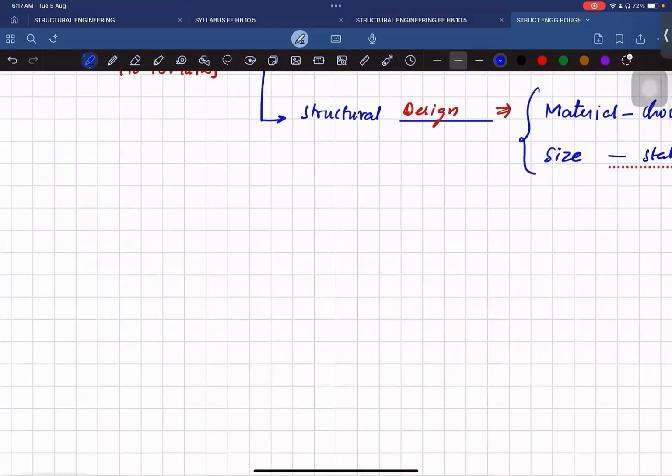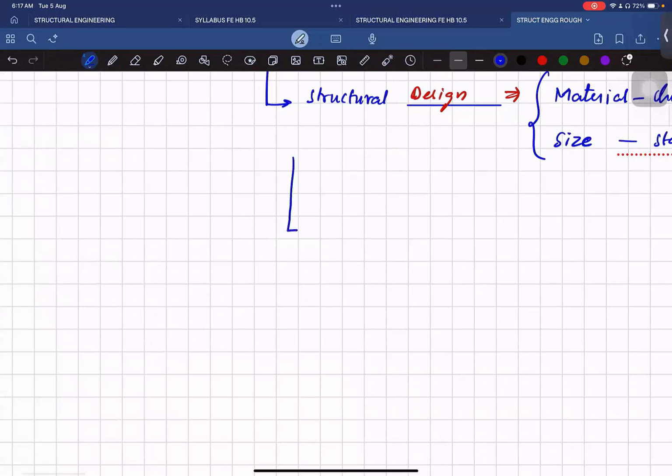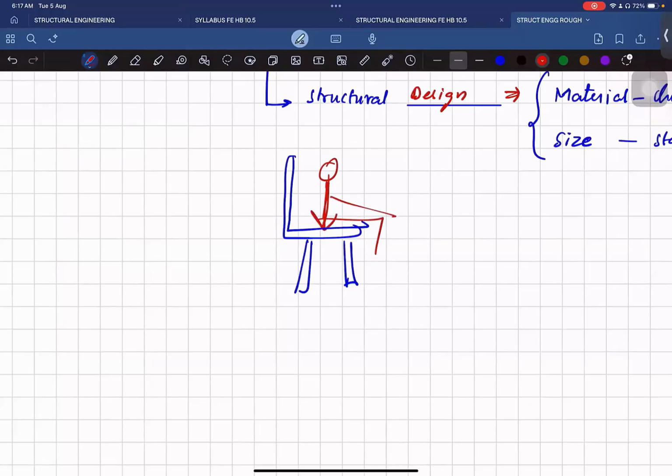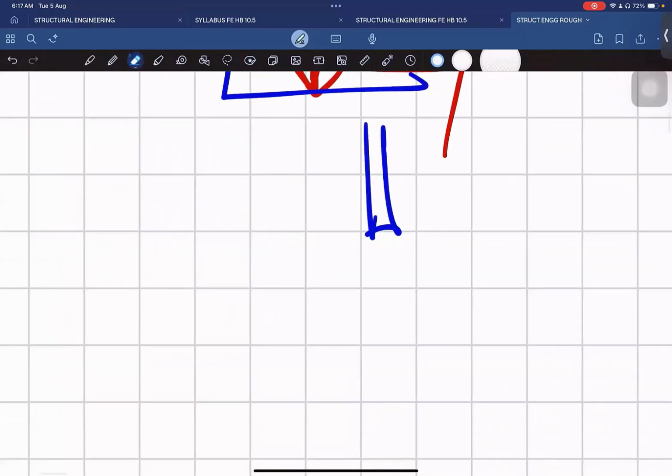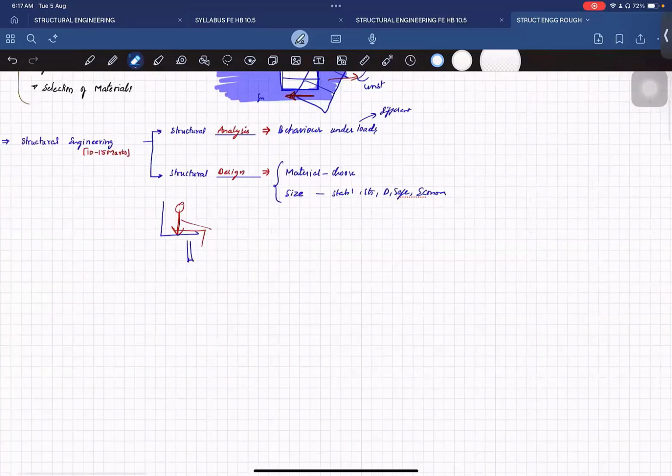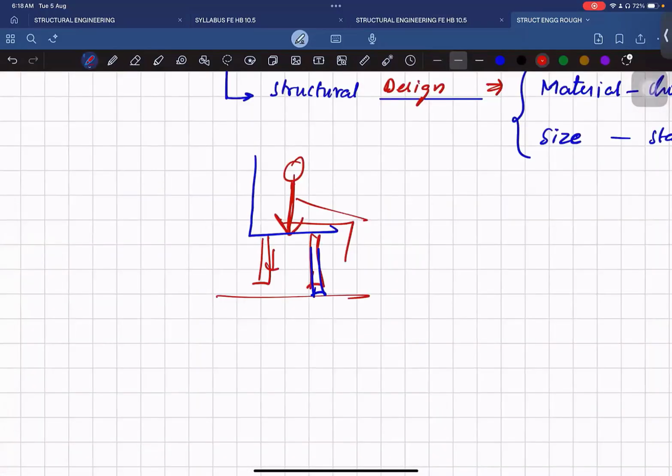And when you take a chair, it will have legs. When a person sits on it, there will be a load acting. This load will be transferred to the legs and then ultimately to the ground. Because of this load transfer from the person to the columns to the base, these columns will undergo compression.